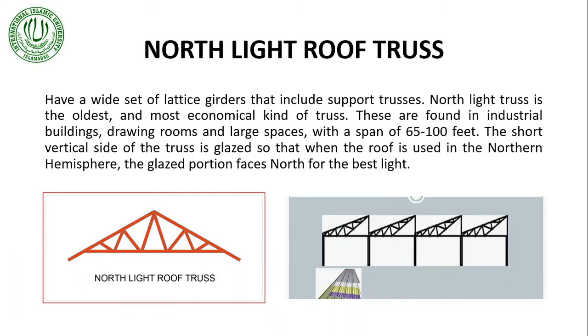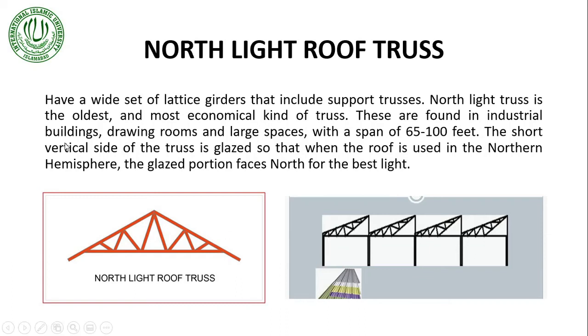In north light roof truss, we have a set of lattice girders that includes support trusses. So this is a lattice girder. North light truss is the oldest and one of the most economical kinds of truss that we have. These are found in industrial buildings, drawing rooms, and large spaces with a span of 65 to 100 feet.